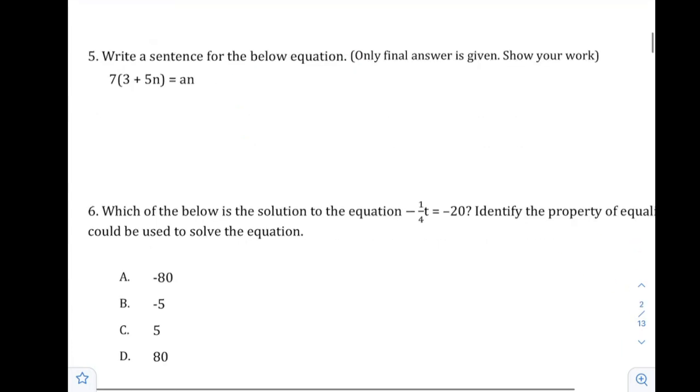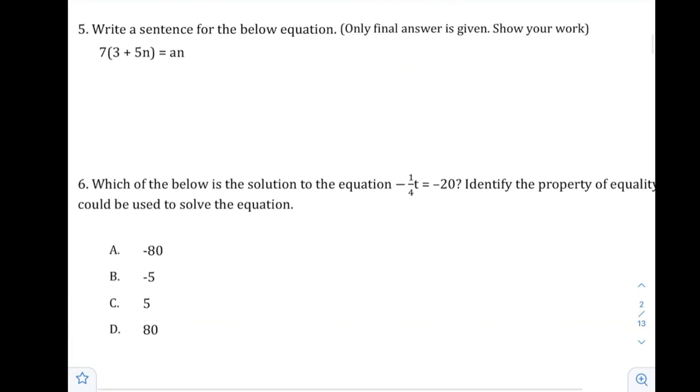Okay. Write a sentence for the below equation. Let's see what can we write here. We can say 7 times the quantity, and there is a plus here, so the sum of what and what.